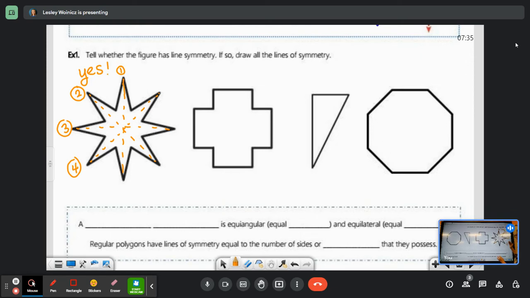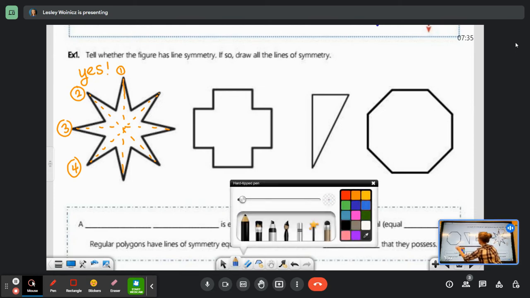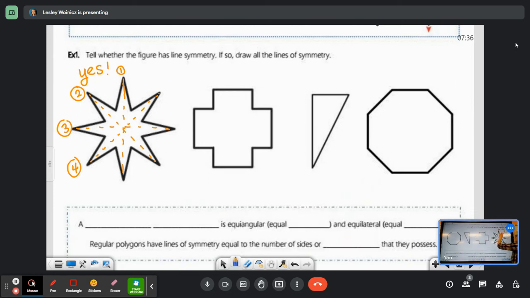Now you can see that if I go on to the next point, I've already done that one. That was my first line, so I don't do that one again. But if I look in between the points, I have more lines of symmetry. Here's 5, 6, 7, and whoops, that one was crooked.